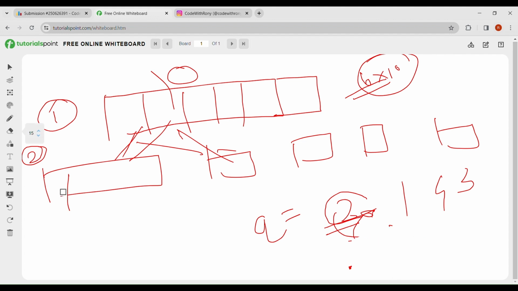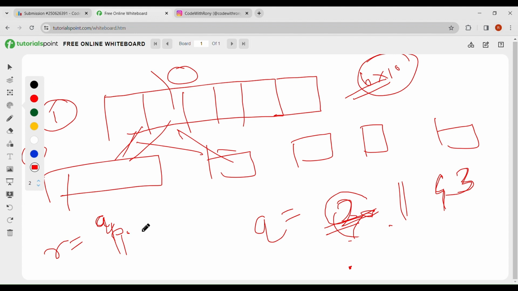So now let's think, this is the queue. So let's think, to get R equals to QPI, I will use black color. To get R equals to QPI, to get this one equals to 1, what happened? To get this equals to 1, we know Q equals to, when will be the value of 1?